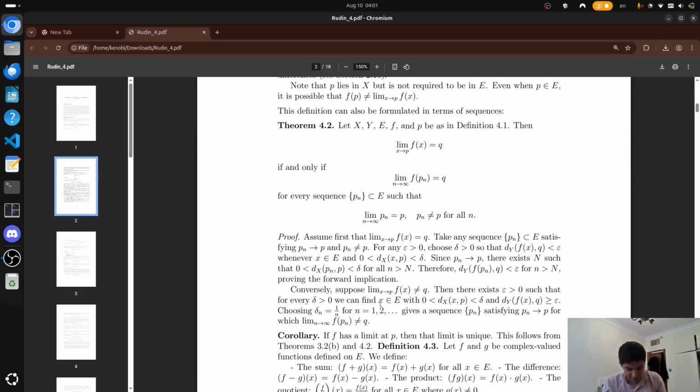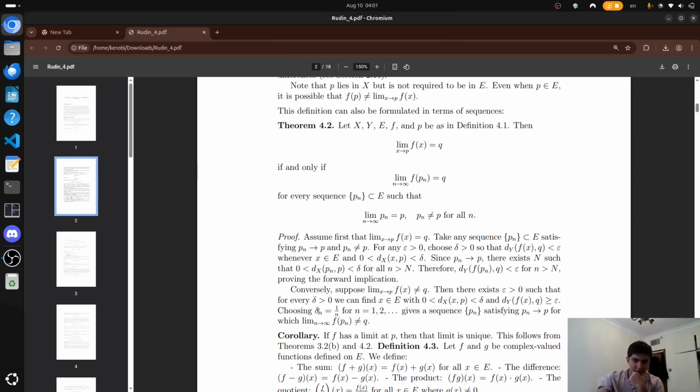Yeah, for every delta greater than 0, there exists a point x in E with 0 less than dx xp less than delta, and dy f of x q greater than or equal to epsilon. Because this is basically the contrary of what we're saying. If it doesn't go to q, then we just flip the inequality signs and we're getting the inverse of what it's saying, right?